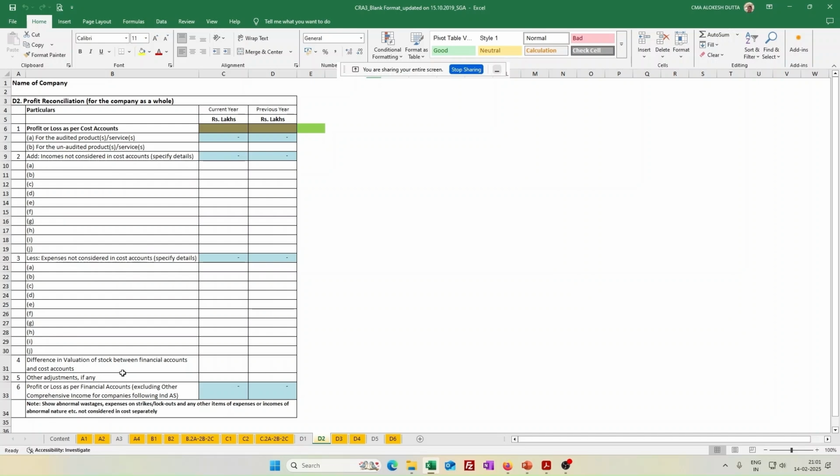Now a cost accounting standard is under consideration of the institute, that it should be at par with the finance department's valuation, so that there should not be any difference.